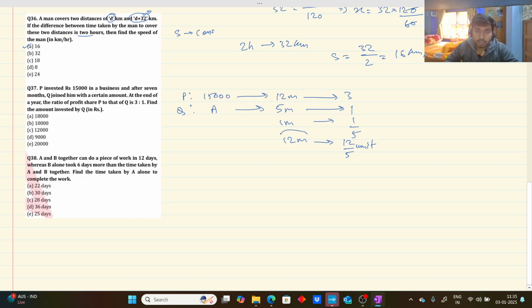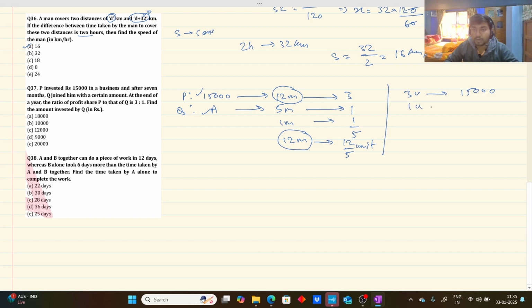Now since both these situations are in the 12-month time frame, we can compare the amounts from both scenarios. In P's case, he earned 3 units of profit by investing rupees 15,000.